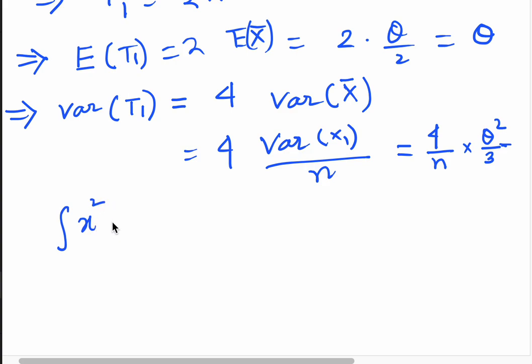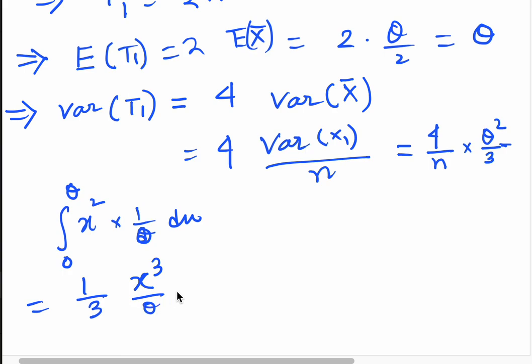So x square into 1 by theta dx from 0 to theta, so this will be 1/3 x cube by theta from 0 to theta, so this will be theta square by 3, and then this will be 4 by 3 into 1 by n theta square.